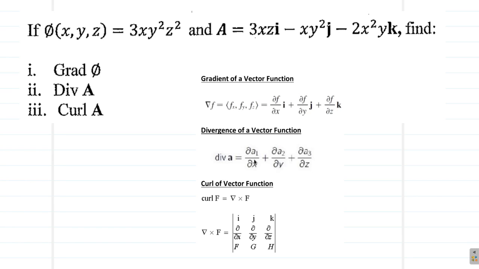The function of x, y, and z, that's phi of x, y, and z, is 3xy squared z squared. That's a scalar function. Then you have a vector function here, A equals 3xz i minus xy squared j minus 2x squared y k.